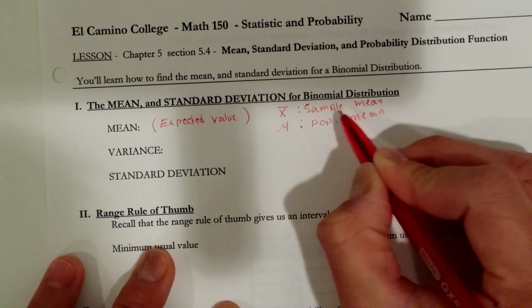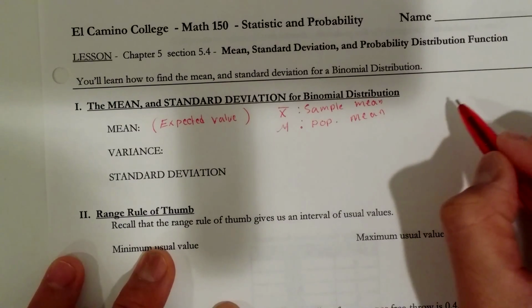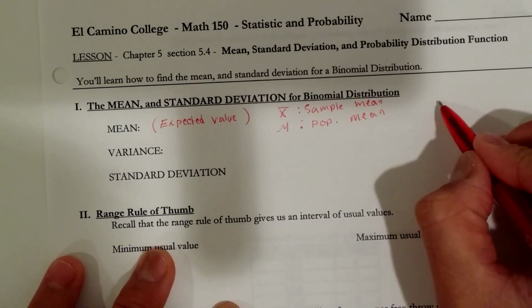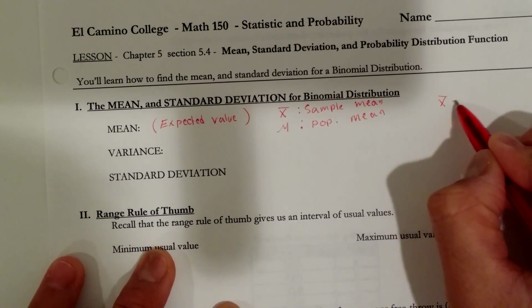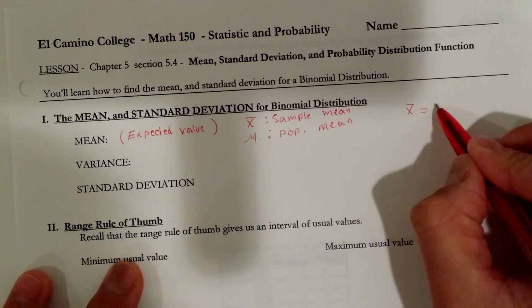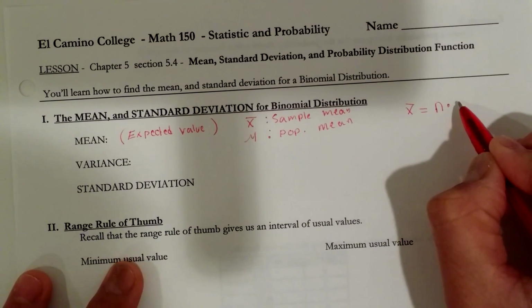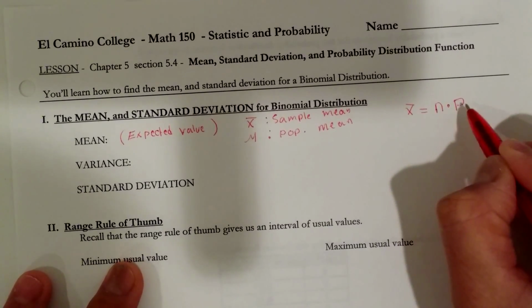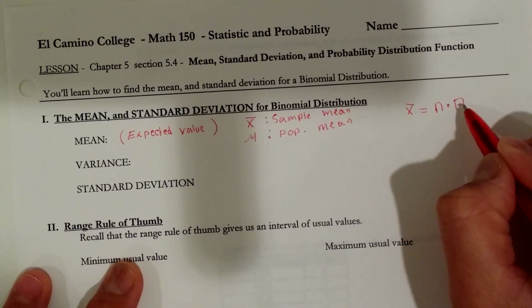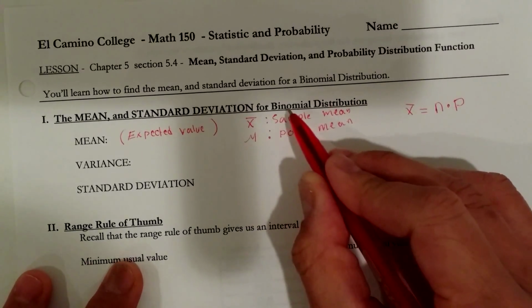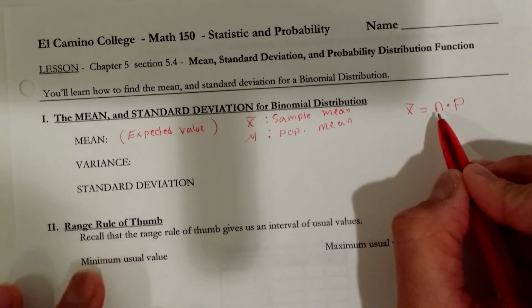But either way, to find that number, all you have to do is take the value of n, which is the number of trials, times the probability of success, and that's it. That's how you find the mean for a binomial distribution.